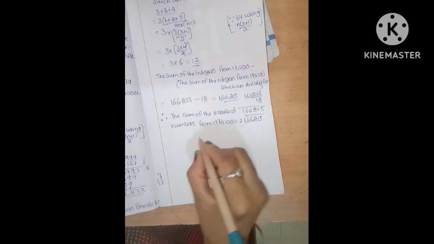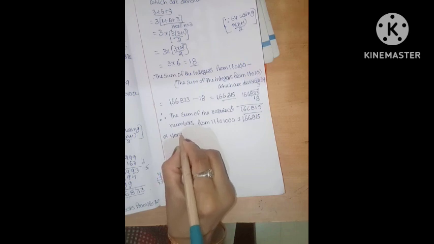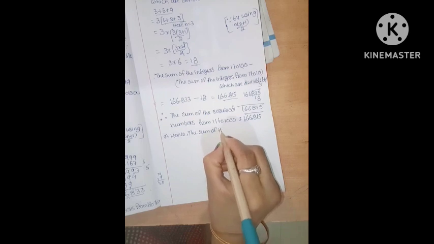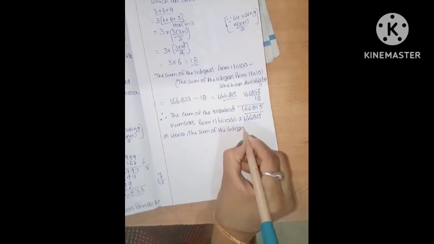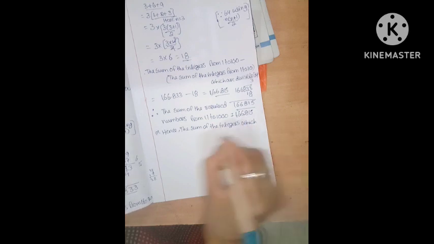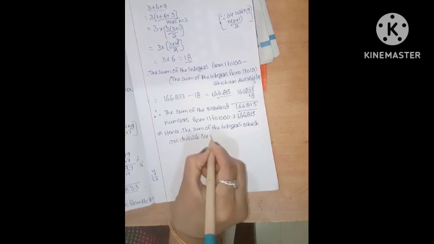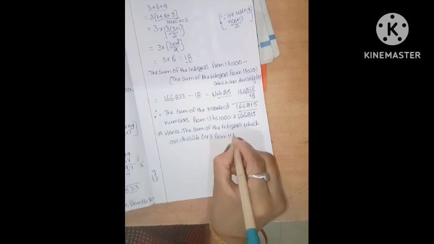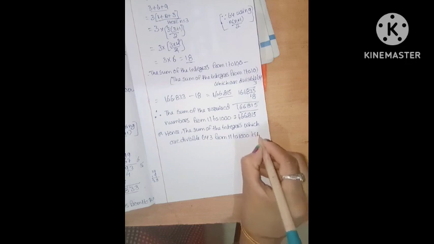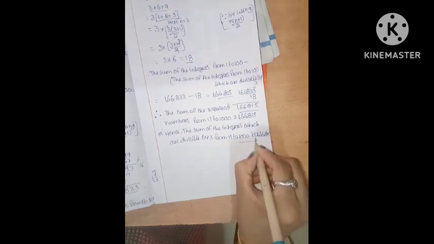Okay, finally the sum of the required numbers which are divisible by 3 from 11 to 1000 is this one, 1,66,815. This is the final answer.